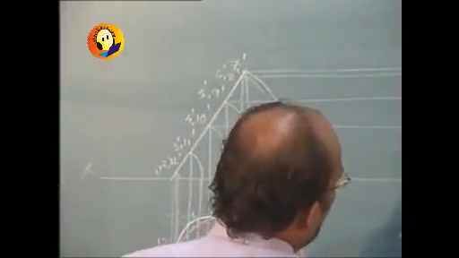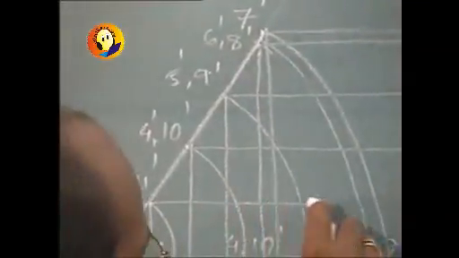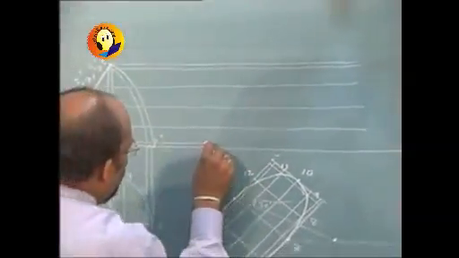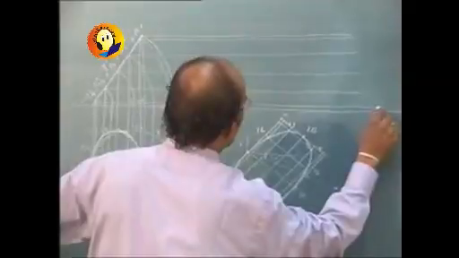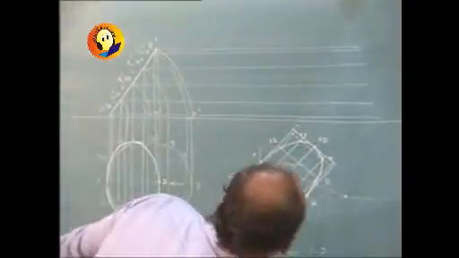Path for point 4 and 10. Path for point 3 and 11. And path for point 2 and 12. Rotation in one view is movement parallel to xy in other.